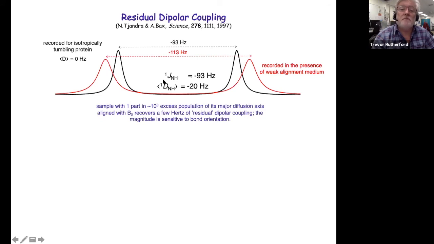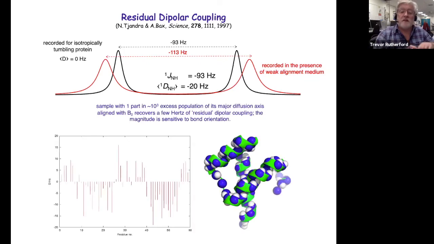The dipolar coupling value is the difference between this splitting and the J coupling that we see for the isotropic solution. That might look quite underwhelming as a first look, but if we look at a simple example for a 3-helix bundle, you can see that the NH bond in each of the helices is roughly coaxial with the helix axis.